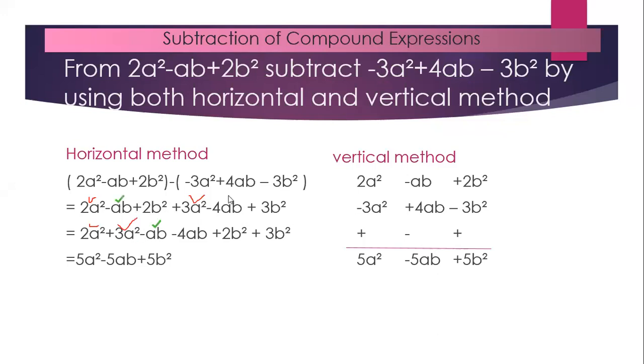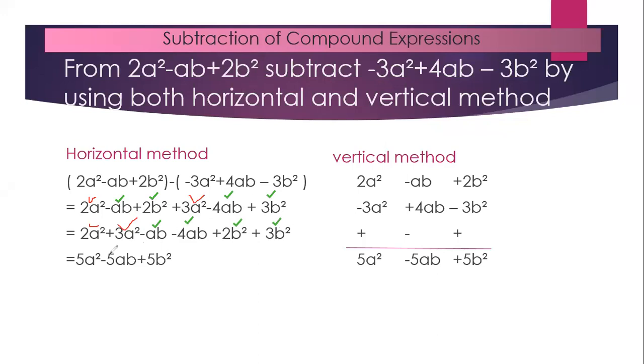Minus ab, minus ab, minus 4ab, minus 4ab. Now, is there any term left with minus ab? No. Now 2b square, 2b square, plus 3b square, plus 3b square. Like this. Okay? 6 terms, 1, 2, 3, 4, 5, 6 terms are there.